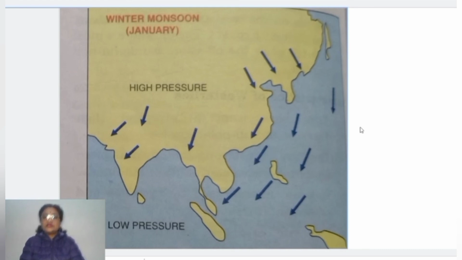This is a wind which blows on the leeward side of the Alps mountains. When it blows, because it is coming from the sea, it causes rainfall on one side of it. When it blows on the other side of the Alps mountains, you will find that these winds become warm and dry, because they have dropped all the moisture on one side, so they get dry on the other side, the leeward side.